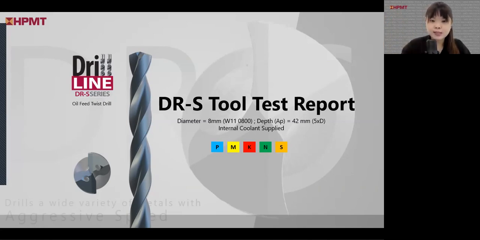So the first tool test that we are now going to show you is the performance of our cutting tools when dealing with these 5 different materials. There's also one thing that I would like to let you know. At the end of the session, we will share with you our handouts that contain our tool test reports and the videos as well, for your reference.